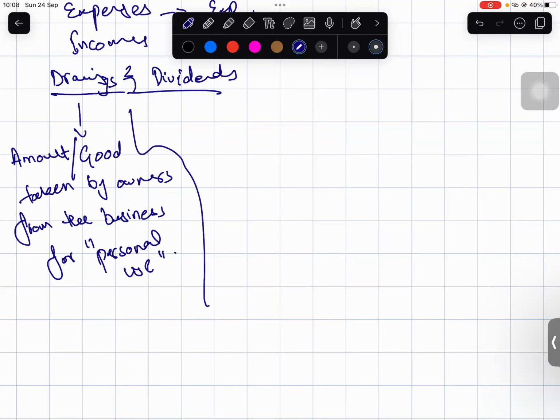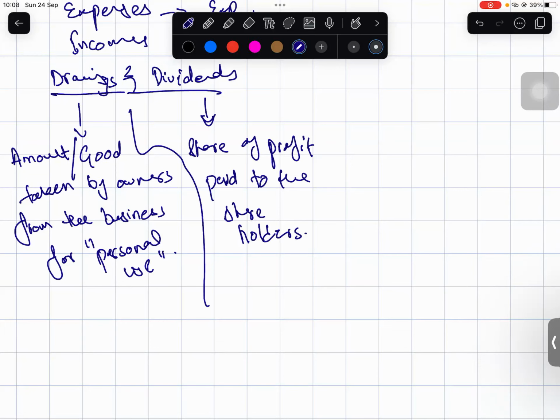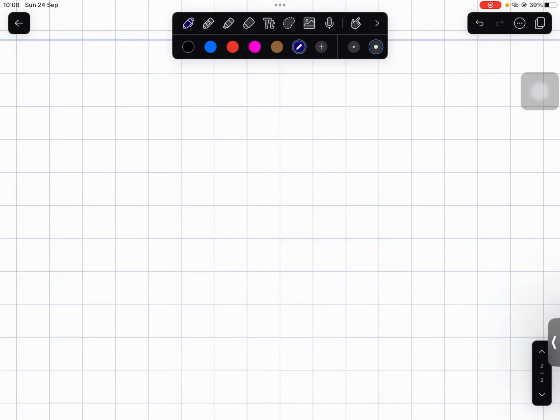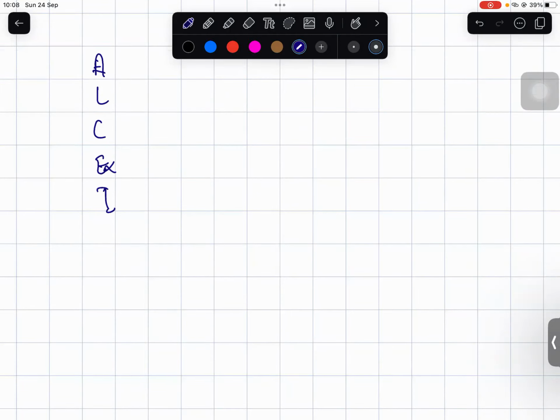And for dividends, we discussed that this is the share of profit paid to the shareholders, right? Then we discussed that assets, liabilities, capital, expenses, incomes, and drawings or dividends.